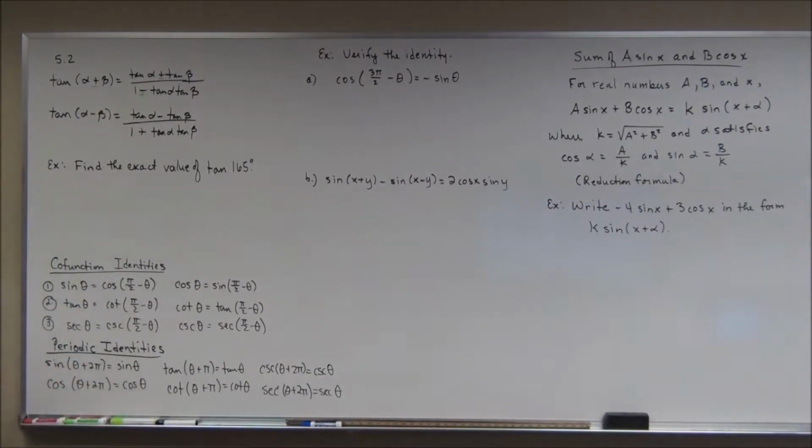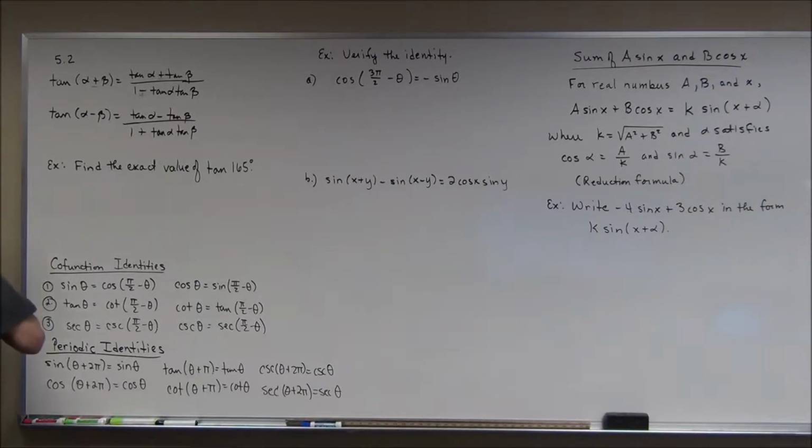So now what we're going to do is use those to find an exact value, and then also to perhaps help us to verify an identity or to simplify an expression, but right now just to find the exact value of the tangent of 165 degrees. So here again, like we did with the sine and the cosine, we need to find a couple of angles that are multiples of 45 and multiples of 30 that add or subtract to get us 165.